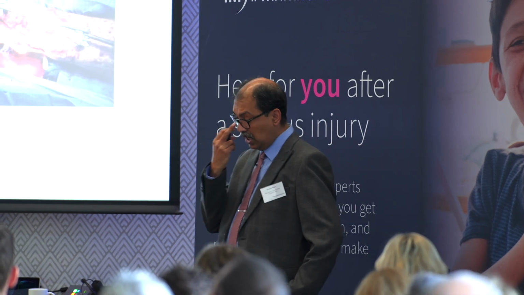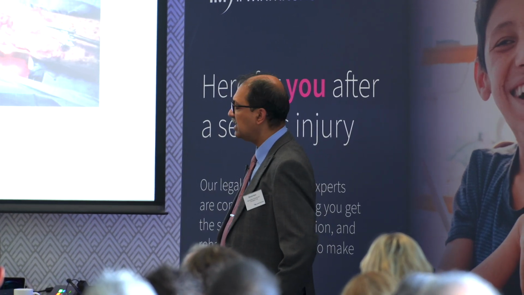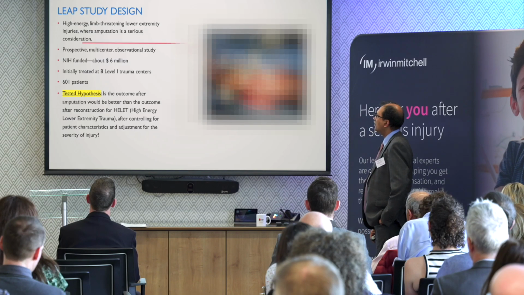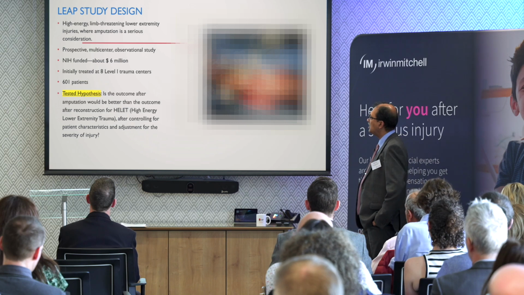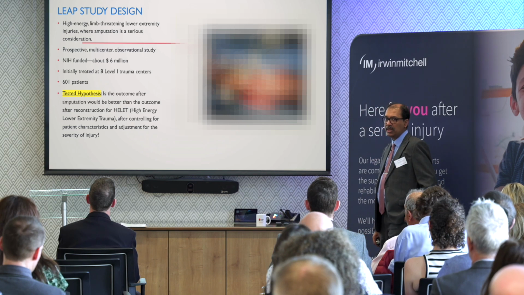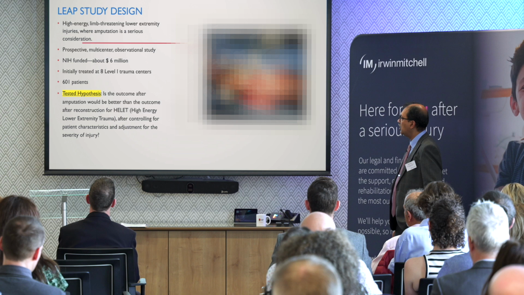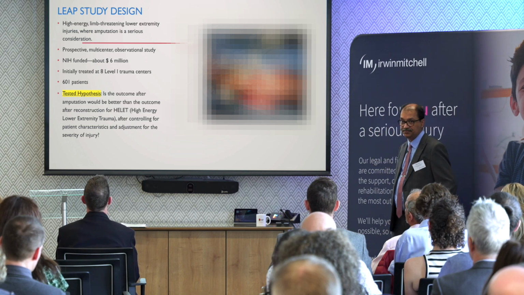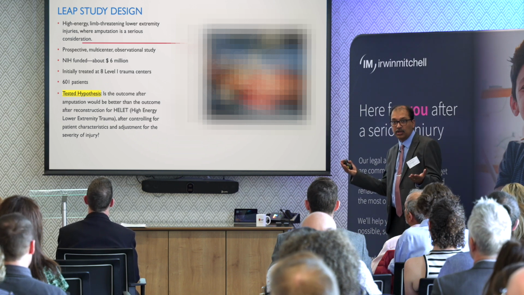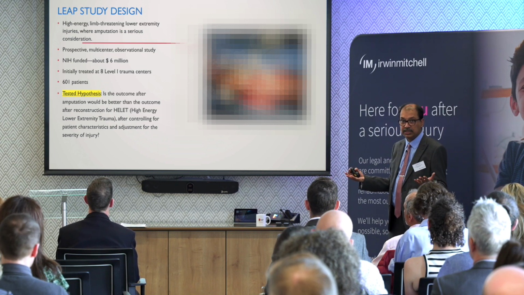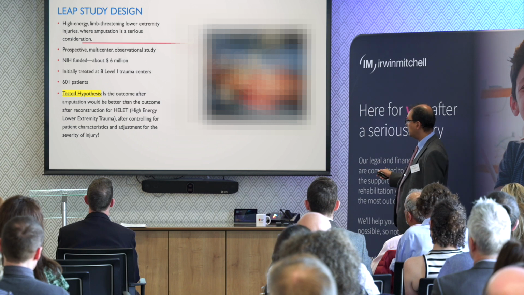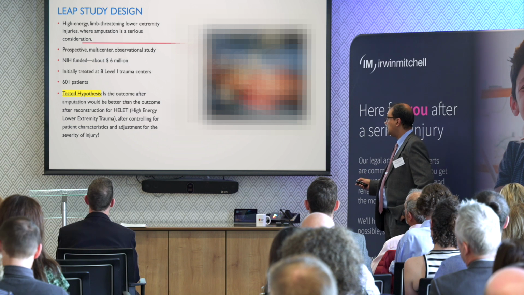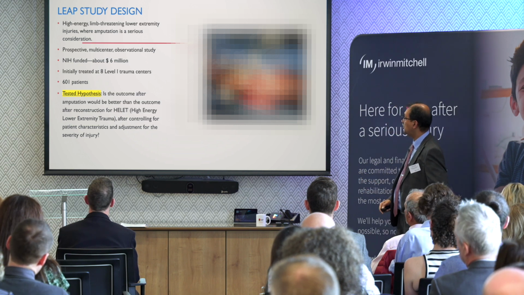This study included about 601 patients who sustained severe high-energy limb-threatening lower extremity or leg injury, where, very important, amputation is a serious consideration. So either it can be amputated or reconstructed. But the number is a sheer 601 people. It was a National Institute of Health funded study.